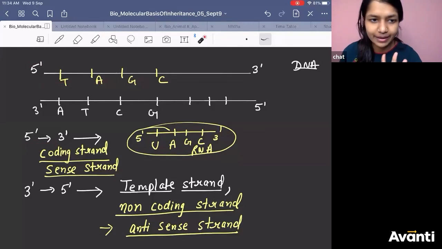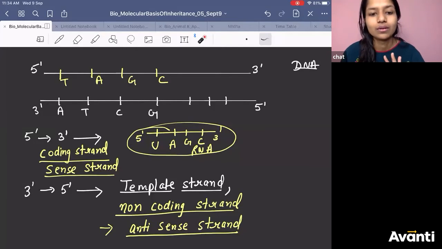I have repeated it. Okay? Got it? Why coding and sense? And why this is template, non-coding and antisense? Those who listen to me and use a little brain, you should have got it. Right? Okay.